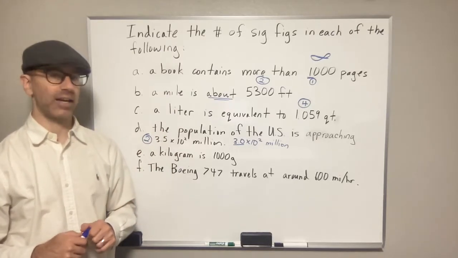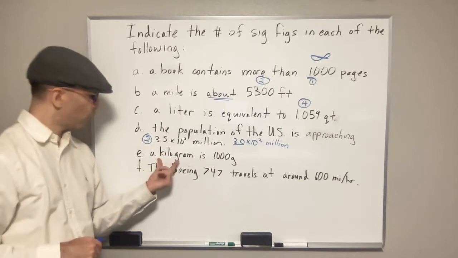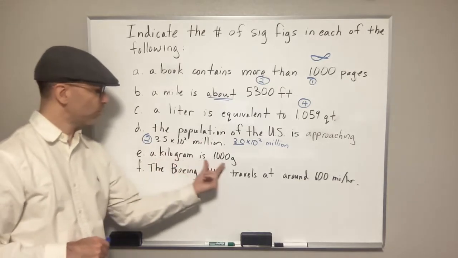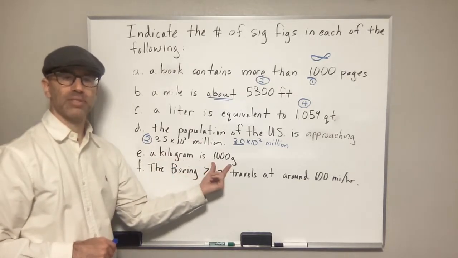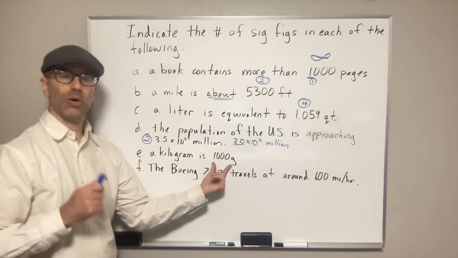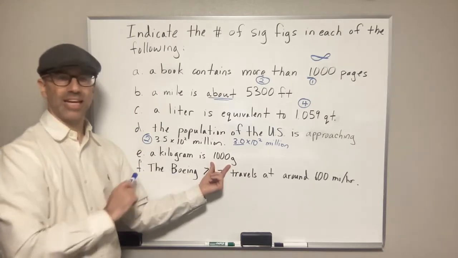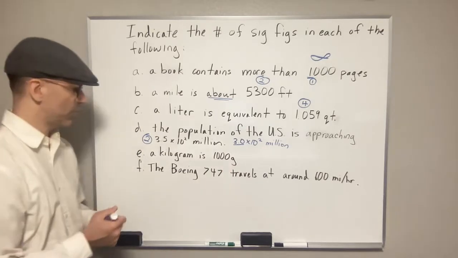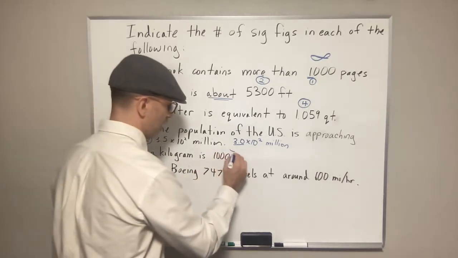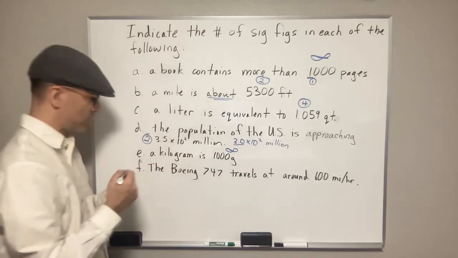That's going to be true by definition. So 1 kilogram is equal to 1,000 grams by definition. So it's exact. So technically, this has an infinite number of significant figures.